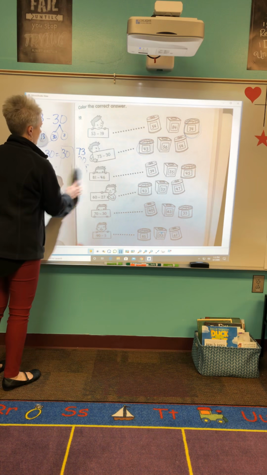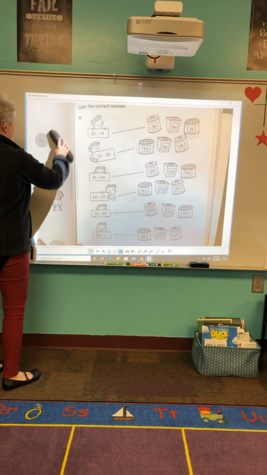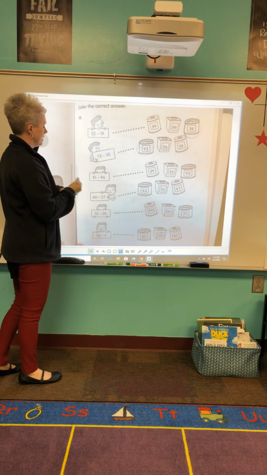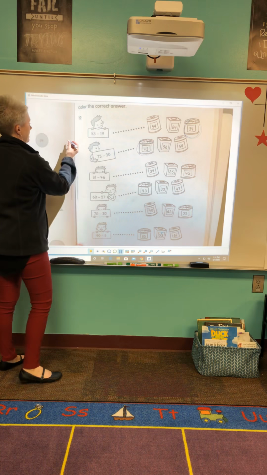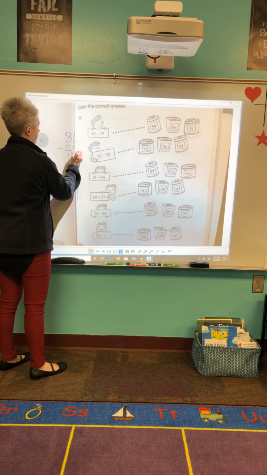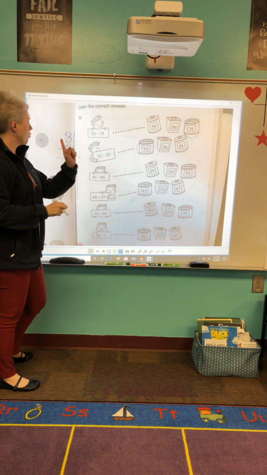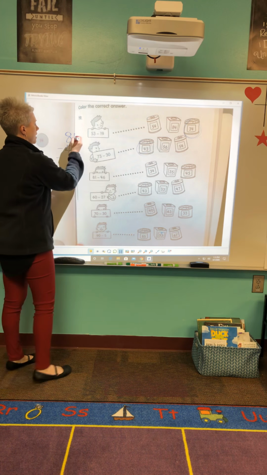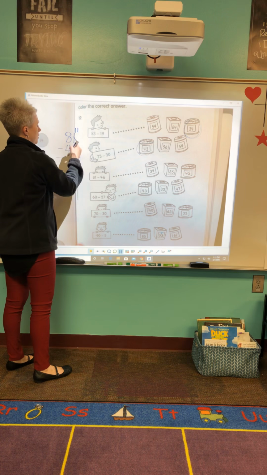All right. Moving right along. Minus 46. Let's stack this one up. All right. If I have 1, can I take 6 away? I cannot. That 1 becomes an 11. We just put a 1 in front of our number.